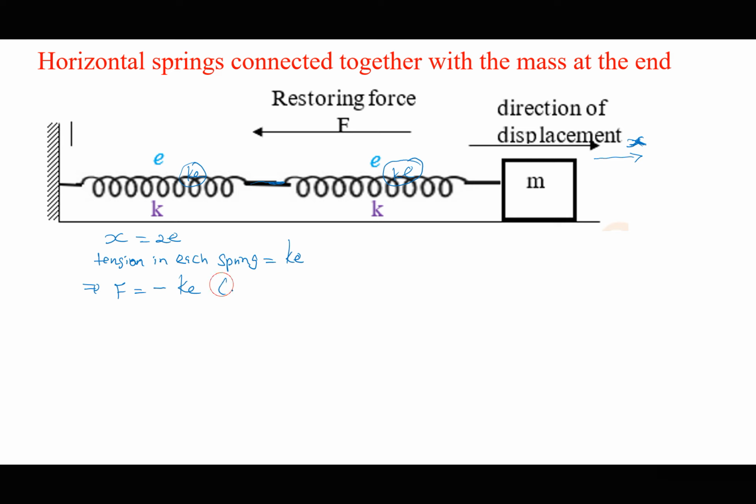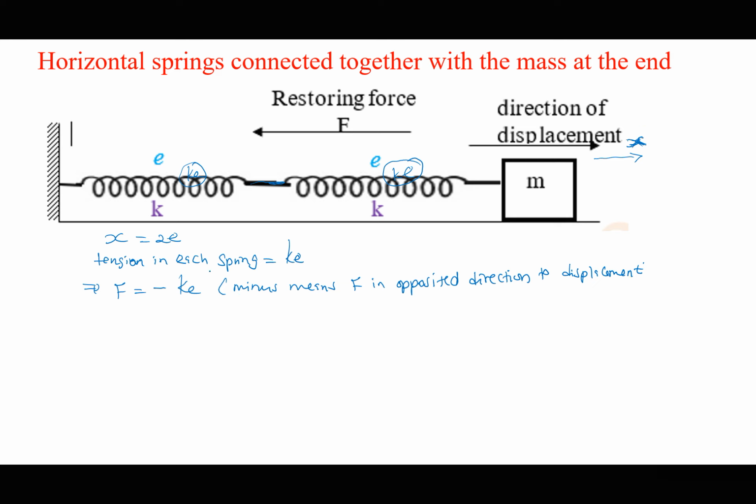Of course, you explain the negative. The minus means that F is in the opposite direction to displacement. Okay, so remember, x is equal to twice e, so I have to remove e and bring in the x because this was displaced through a distance x.